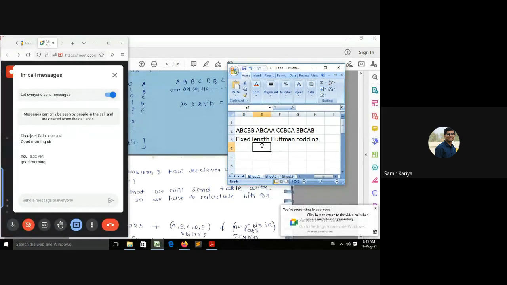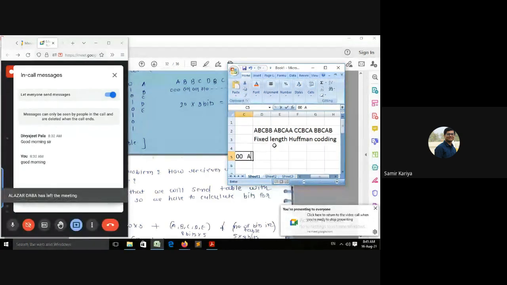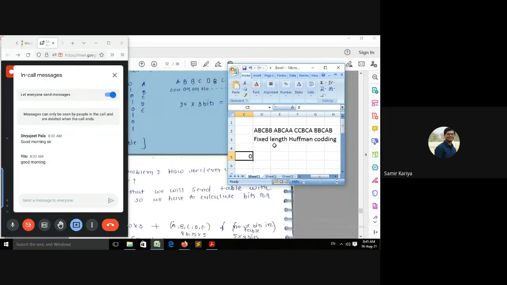Here, the distinct number of characters required are 3 characters, A, B, C. So for ABC, we require only 2 bits to represent these 3 characters. For example, 00, then you may write capital A. Let me write in notepad.